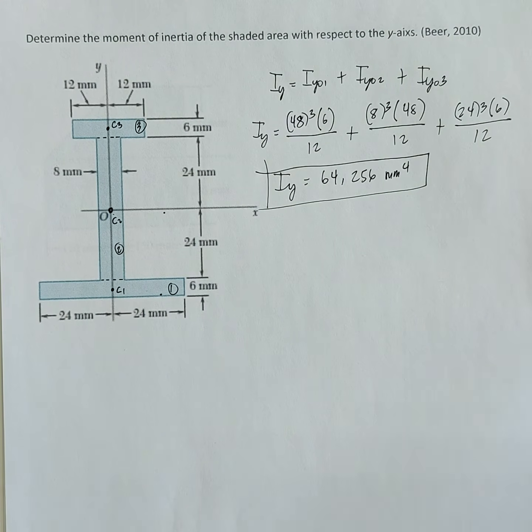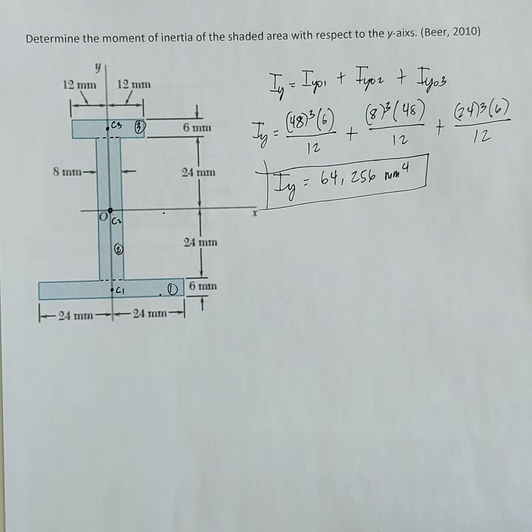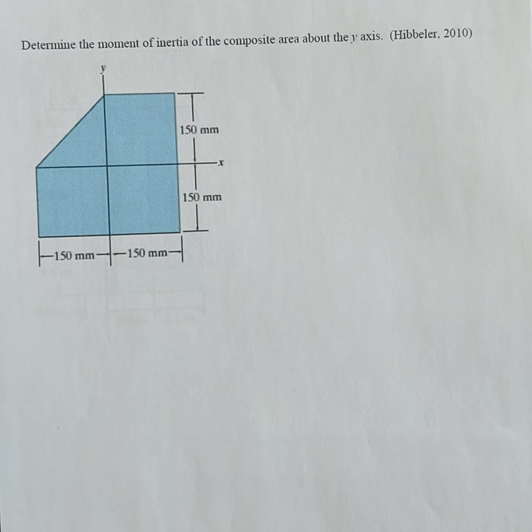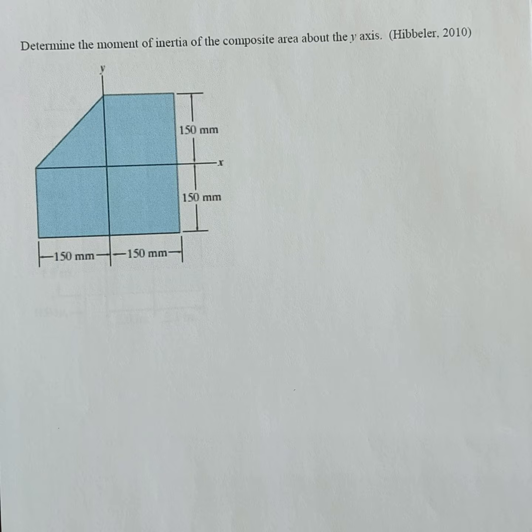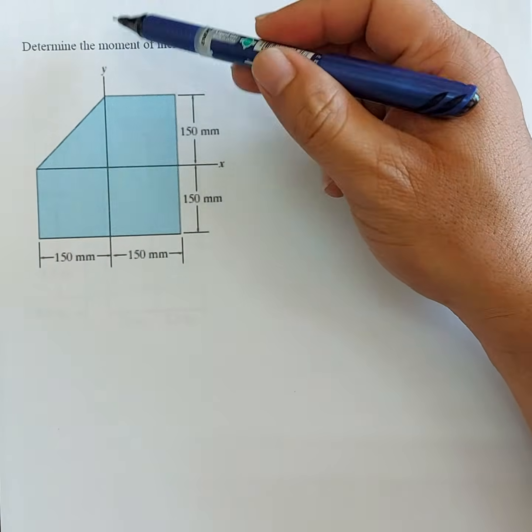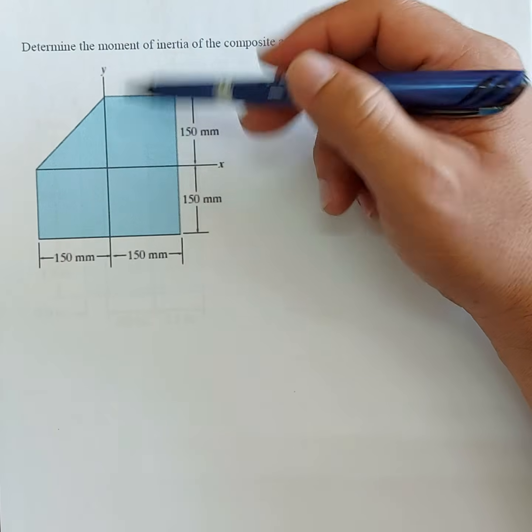Dali lang, ano? Sige, next na problem, example. Eto, let's try this one. Determine the moment of inertia of the composite area about the y-axis. So, y-axis ulit. Ito, y-axis natin. Okay?